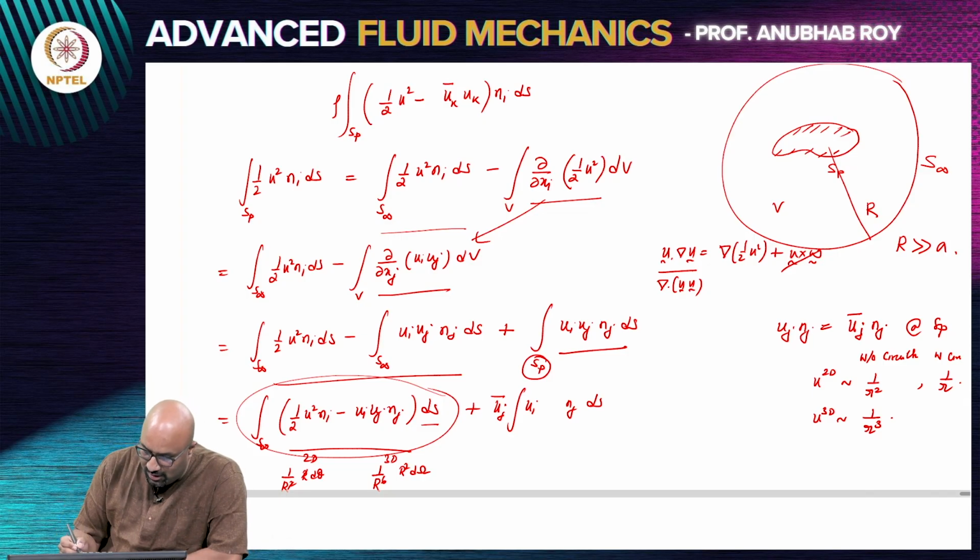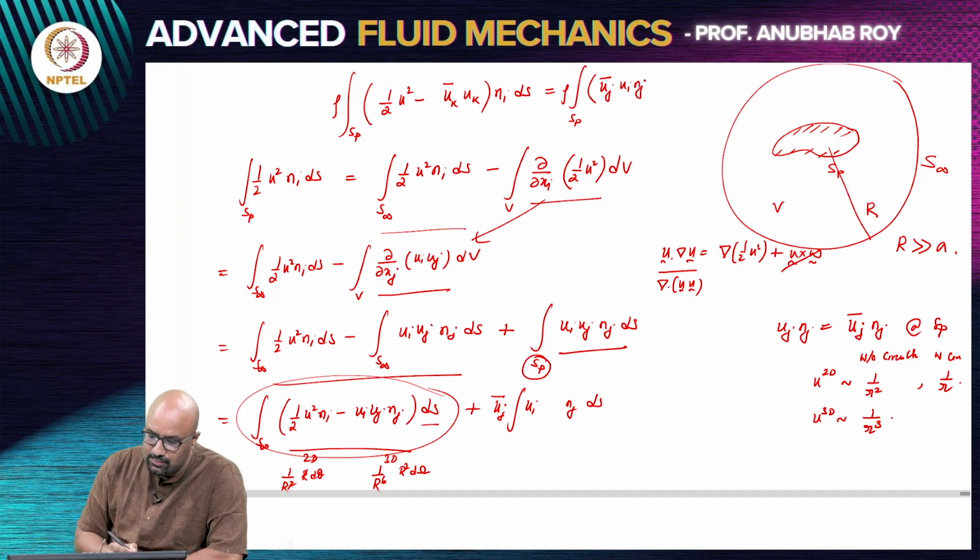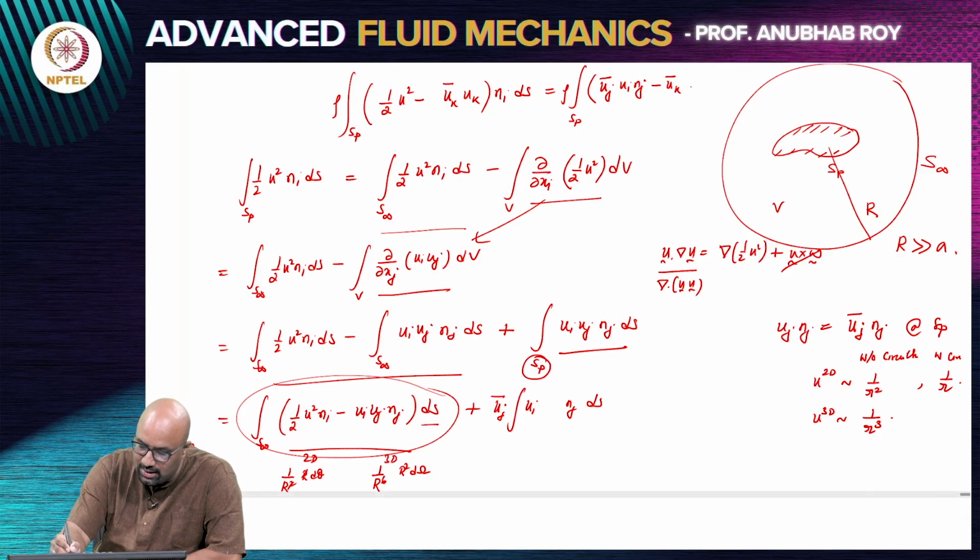So, what we have now is that the first term in that integral, which was half u square n_i, has now turned into ū_j u_i n_j, and the second term which was already there is ū_k n_i u_k dS.